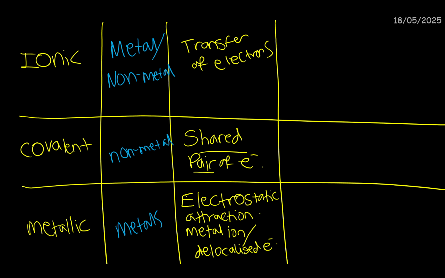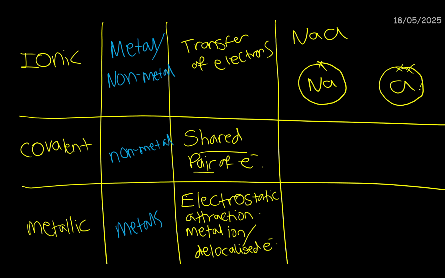Okay, now we can do the dot and cross diagrams. Let's just do that really quickly. So let's say NaCl. NaCl is ionic because sodium is a metal, chlorine is a non-metal. Now, sodium is in group 1, so it's going to have 1 outer electron, and chlorine is in group 7, so it's going to have 7 outer electrons. And now, how are they both going to gain a full outer shell? Na is going to lose it, so Cl is going to gain.